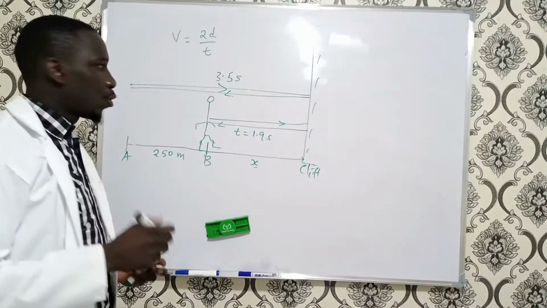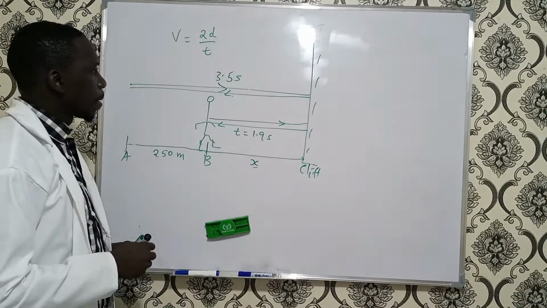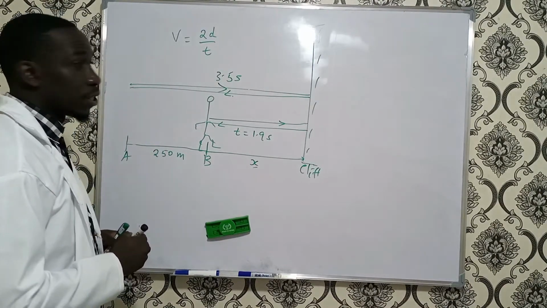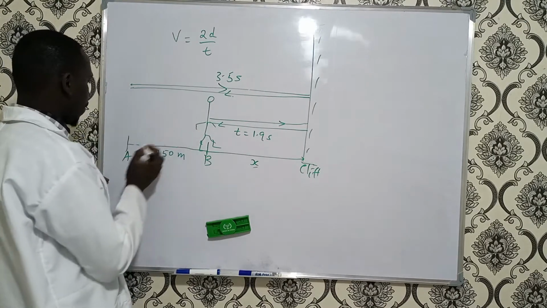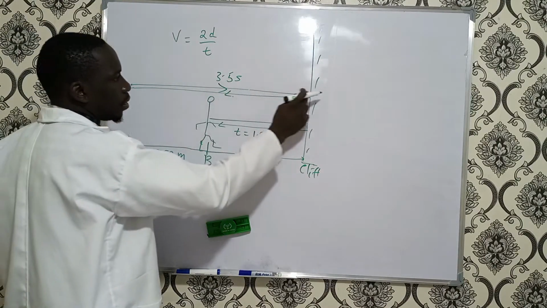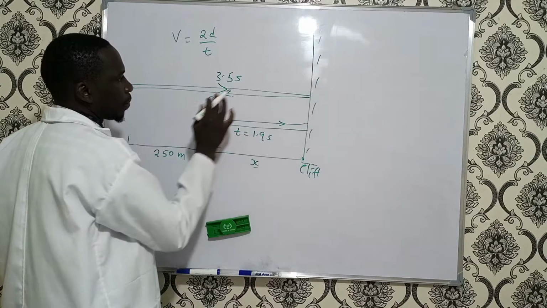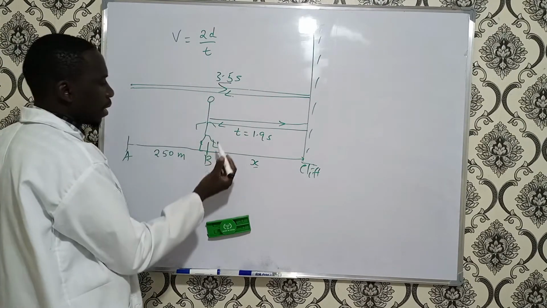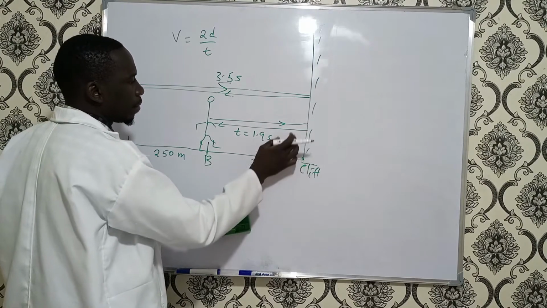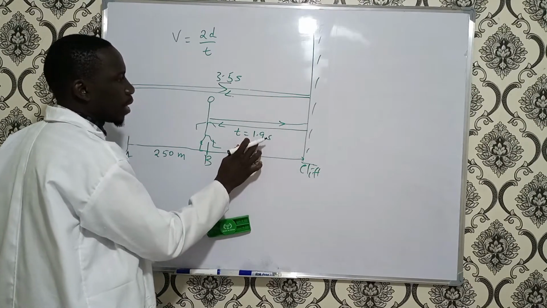Now, option 2 is to work it out with the difference between the timing. If the time taken from point A to B and back is 3.5, the time taken from point B to the cliff and back, that is 1.9.